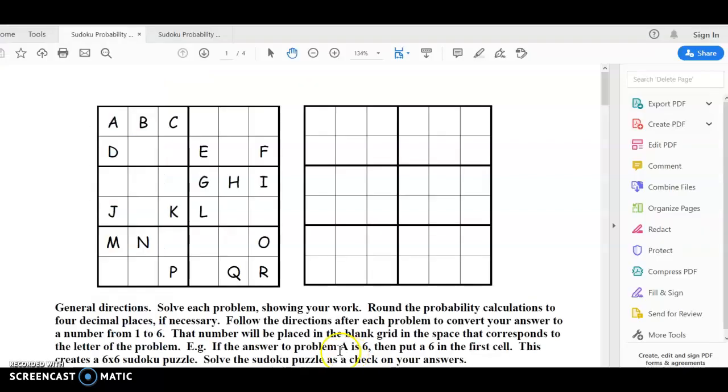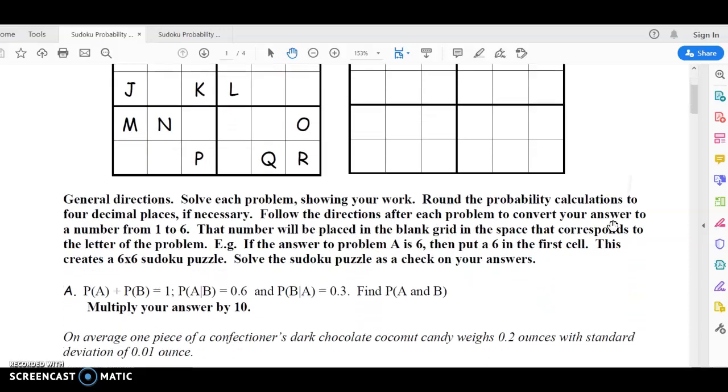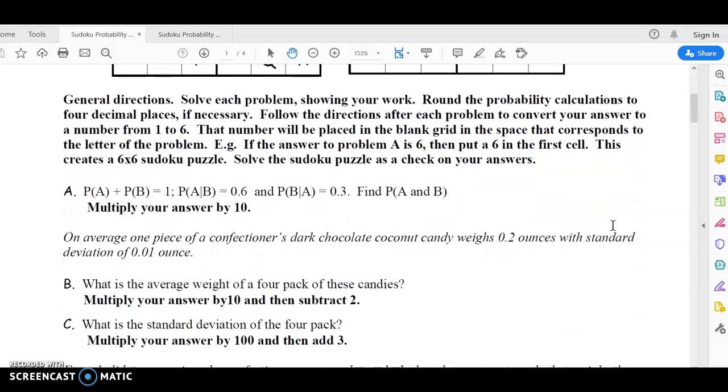So to work through all things tech related, all things probability related, you might have a hard copy of this Sudoku probability worksheet. If not, I would recommend printing it off and giving it a try. It is a tough one, but a good time. And so for each of them, the directions are to round your probability calculations as stated and then follow the directions to convert them from 1 to 6.